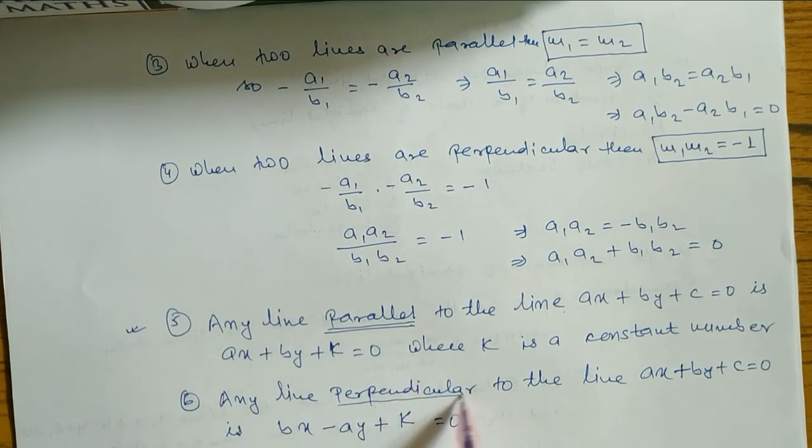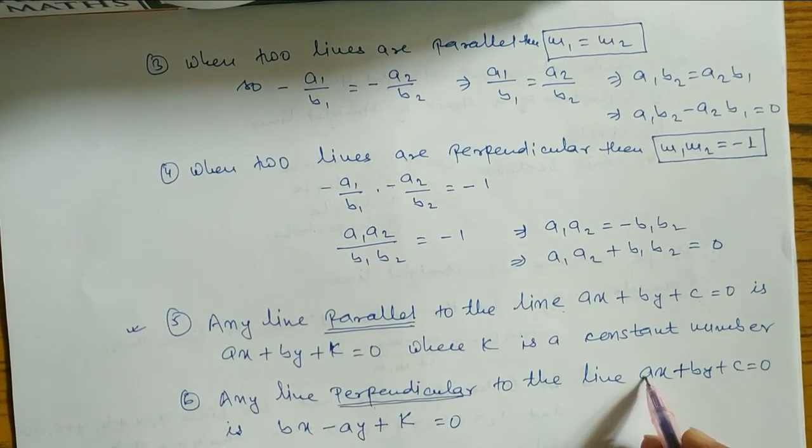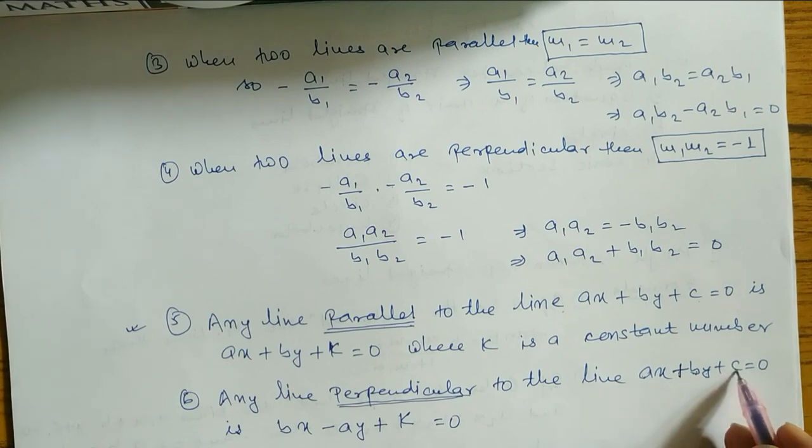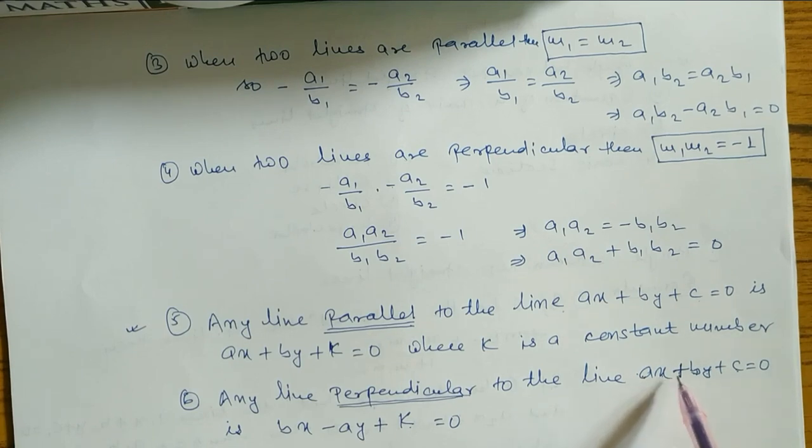If perpendicular, then we change the coefficients of x and y, and the plus in the second term becomes minus, and in the place of c we write k. It means b will come here, a will go this side. So bx minus ay plus k is equal to 0. So number 5 and 6 are very important.